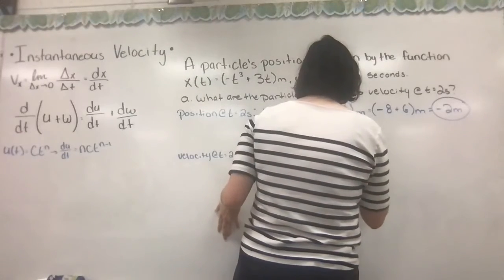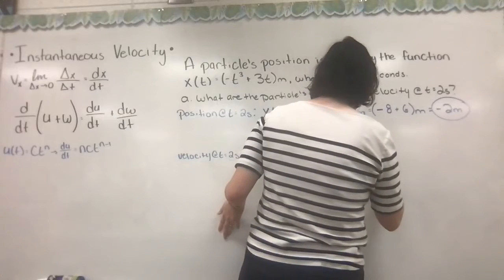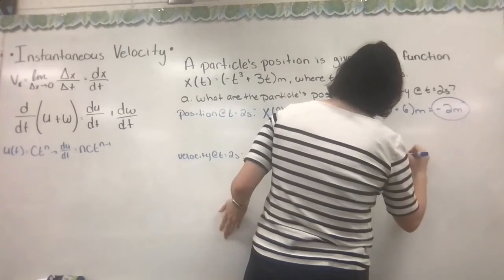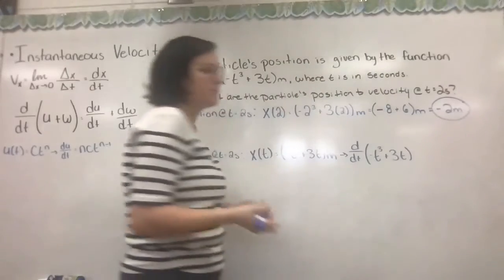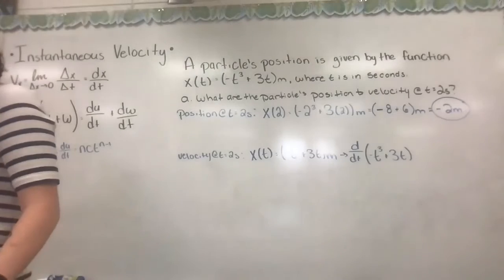So we're going to say d/dt of negative t cubed plus 3t. That's what we're taking the derivative of.